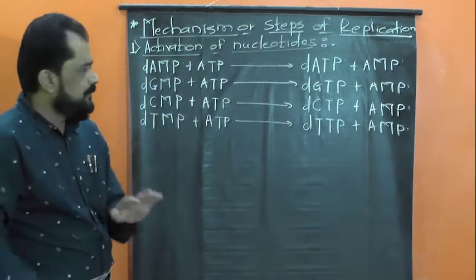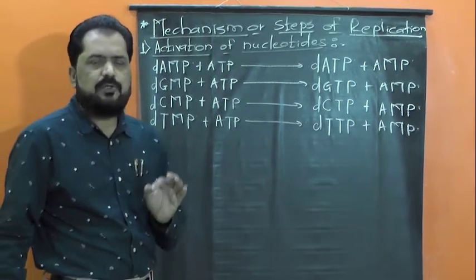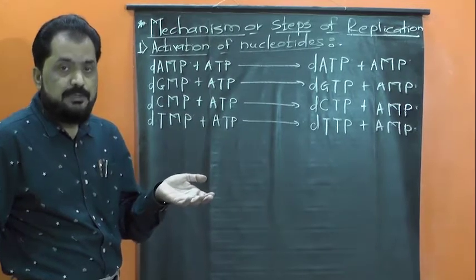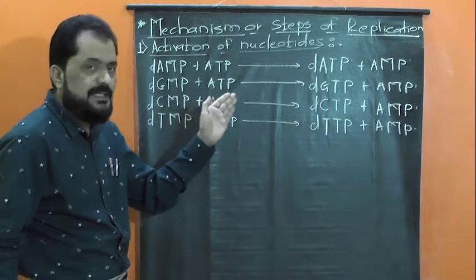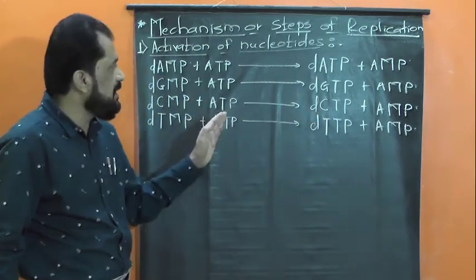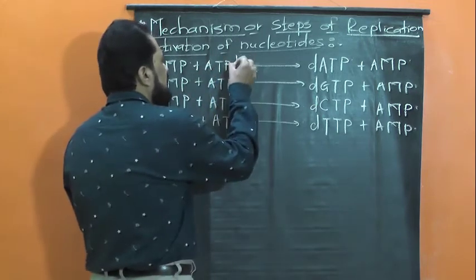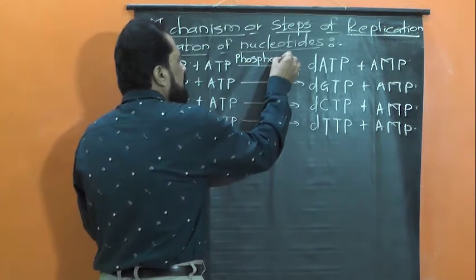Now here all these four different types of deoxyribose nucleotide molecules in the form of monophosphate get converted into their triphosphate by the utilization of ATP molecule and in presence of the enzyme phosphorylase.